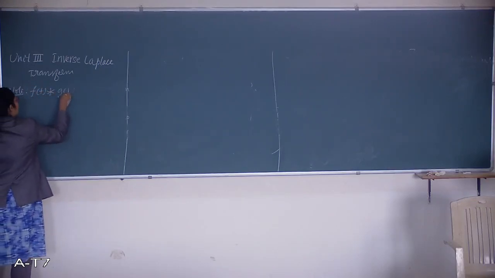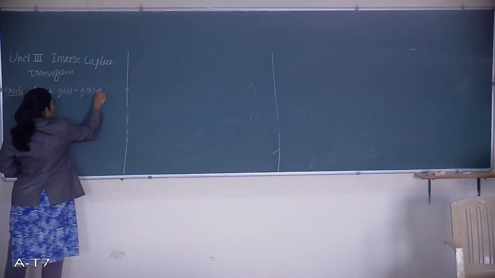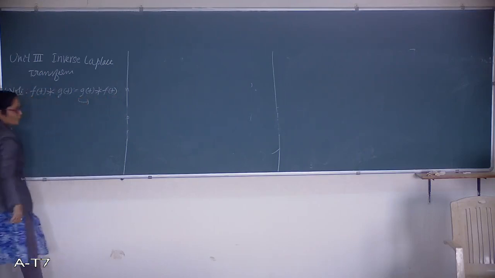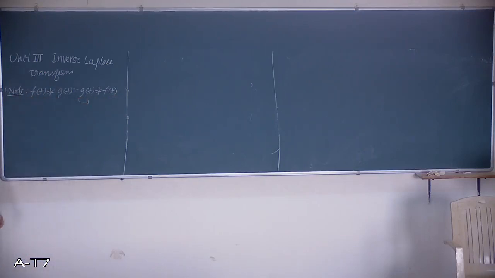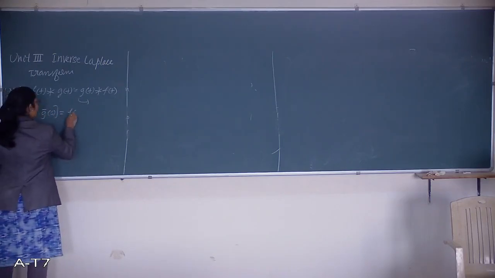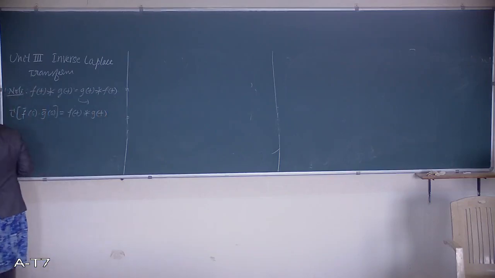So now here 2 to 3 notes are there that I am going to discuss. First, g of t star or hash f of t; commutative property holds good here. Second point in the note: the convolution theorem can also be written as L inverse of f bar of s into g bar of s is equal to f of t hash g of t.